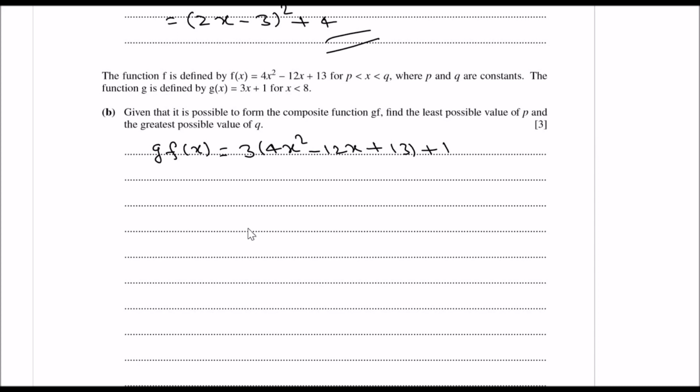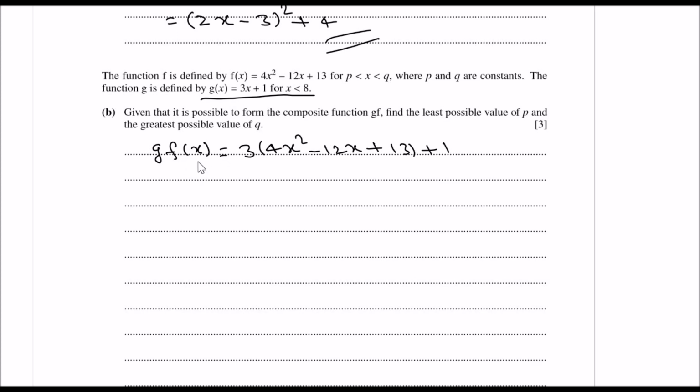4x² − 12x + 13. See, it says 3x + 1 should be less than 8. So that means the x domain for g(x) is less than 8.